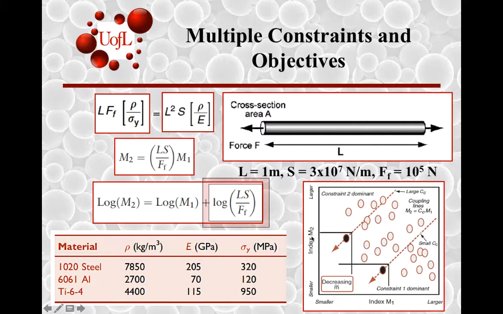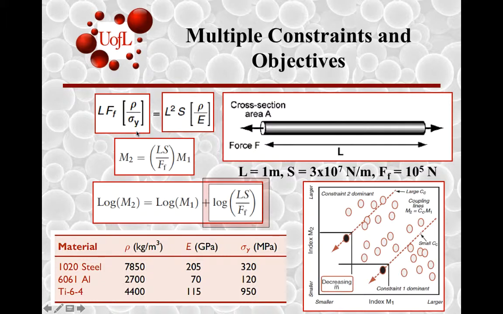So this is the power of material indices in one more variation, where we have taken advantage of the ability to derive material indices and be able to plot them, especially using CES EduPack. And now we can add slopes of different lines. We can adjust the intercepts up and down on the CES EduPack and begin to look at what happens when we change this intercept, because this is a log-log scale, right?